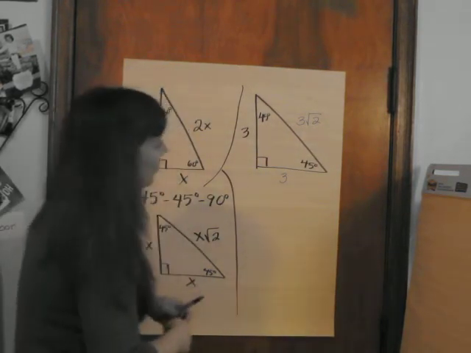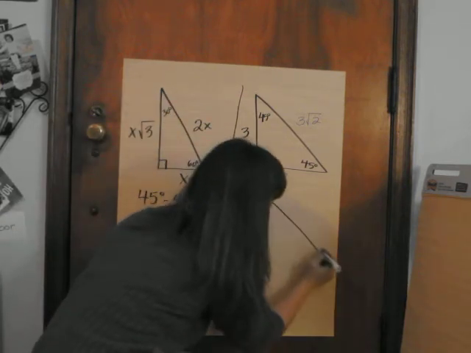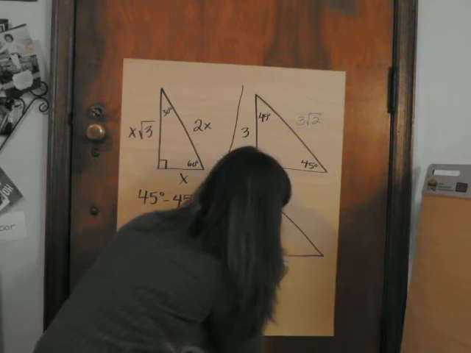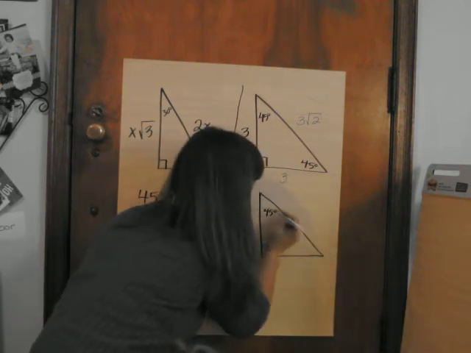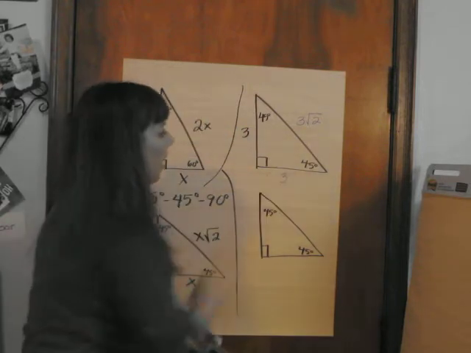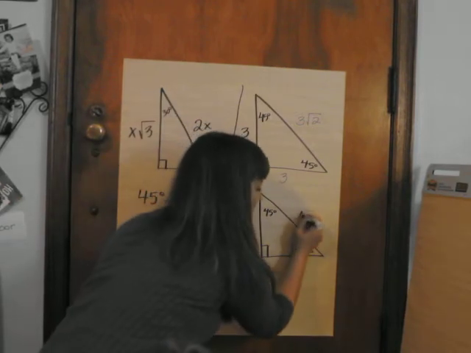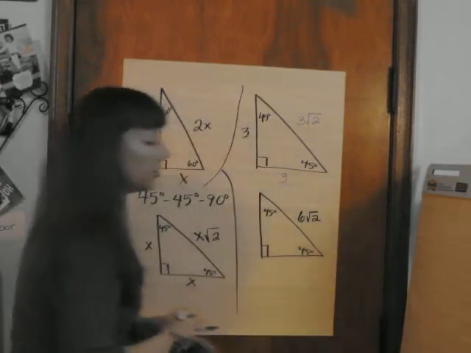So let's say I gave you another one. Let's say in the next case, I gave you that the side across from 90 here was 6 radical 2.